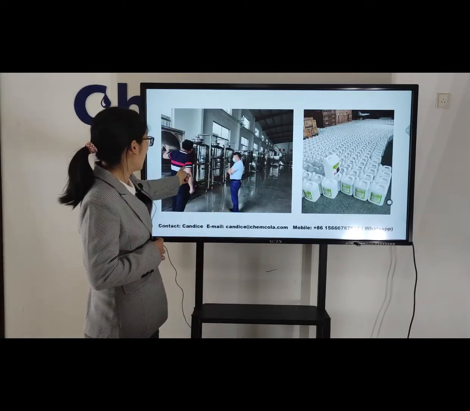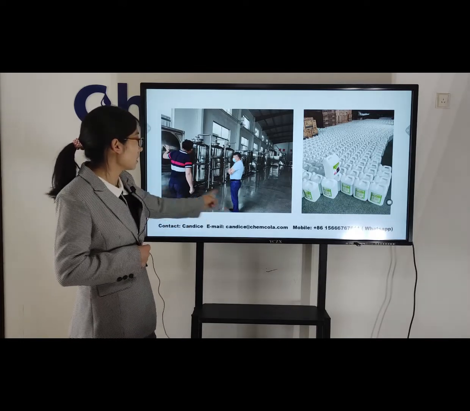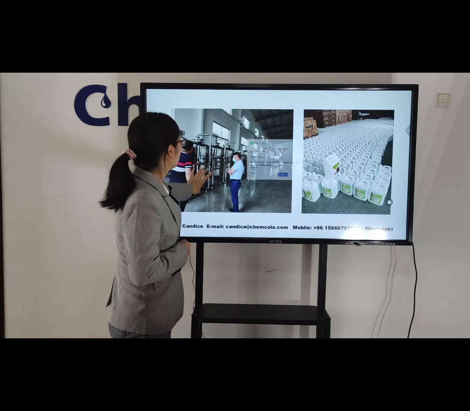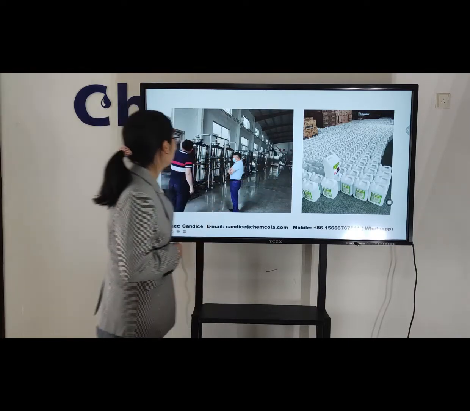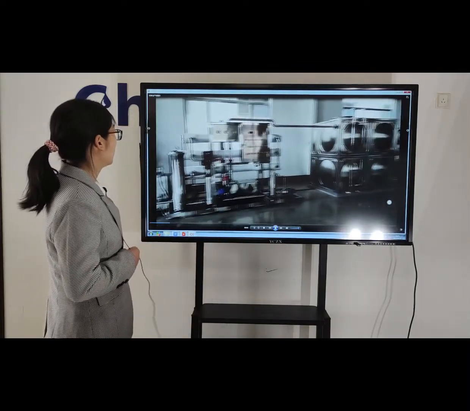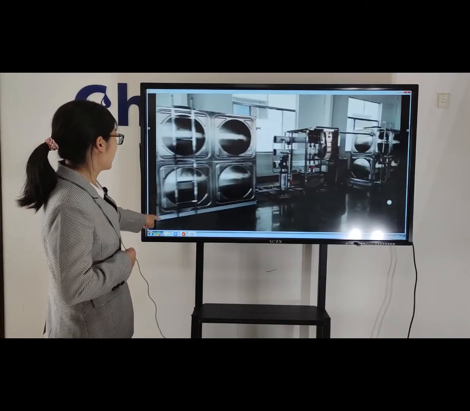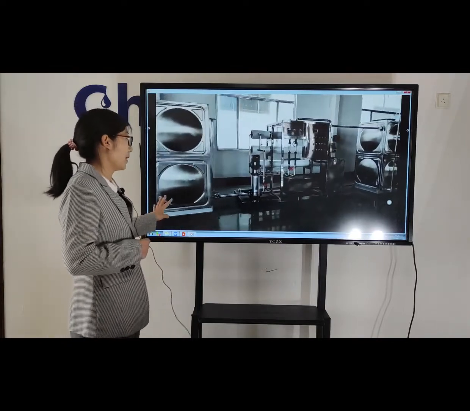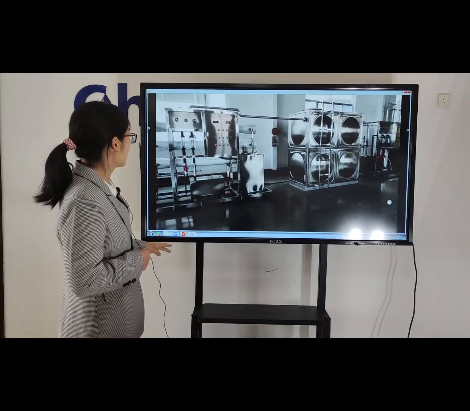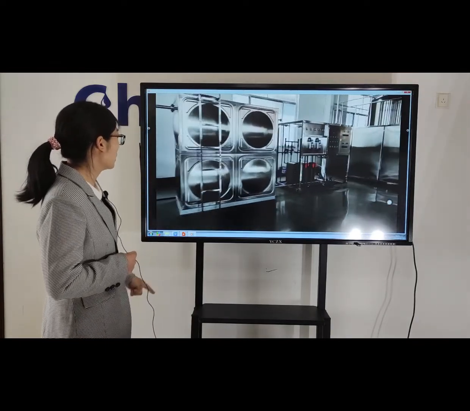Here is our production line of diesel exhaust fluid. All of them are stainless steel with high quality. The first step is to get the water purified and treated and make it into deionized water. This is our RO system to treat the water.